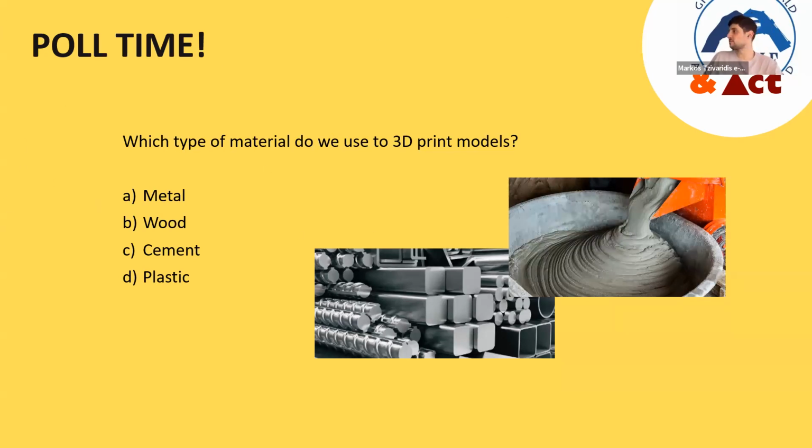We can use cement. There are 3D printers that create homes, that create actual houses, and of course, the one that everybody answered, we can use plastic, which is the standard way to 3D print something. So it's good that most of you answered plastic, because it's actually the most commonly used material in 3D printing.